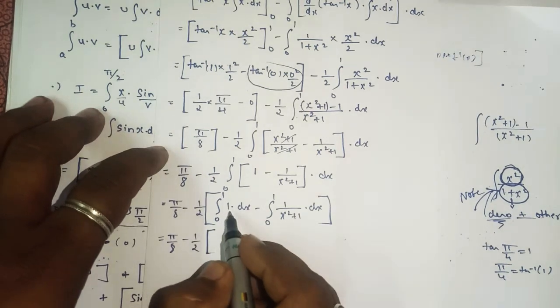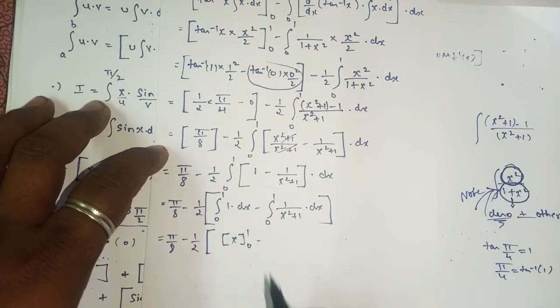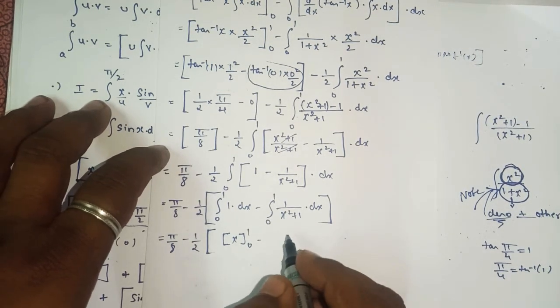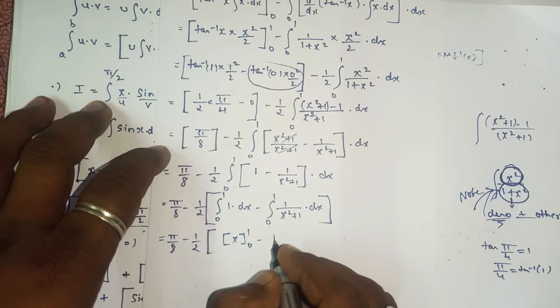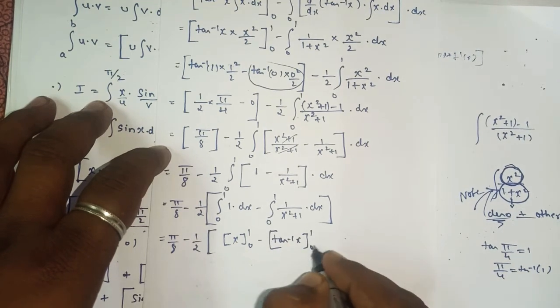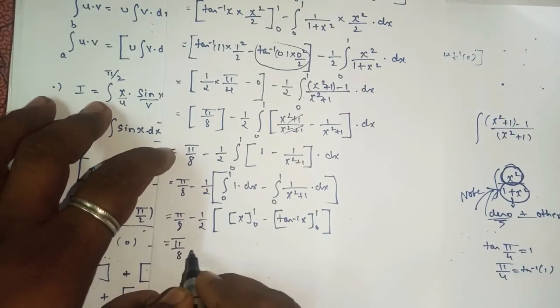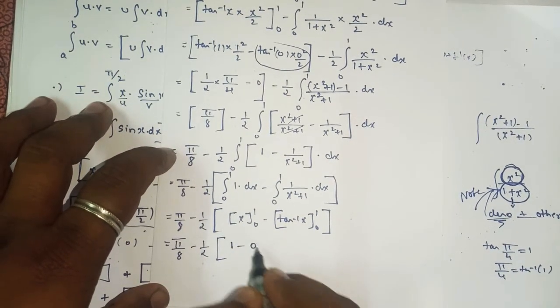Okay, so the integration of 1 is x. And the integration of 1 upon x square plus 1, we know that it is tan inverse, yes or no? Tan inverse. Now simply what you have to do, first replace the value of x by 1 and then by 0.